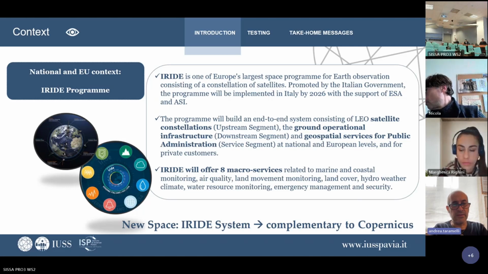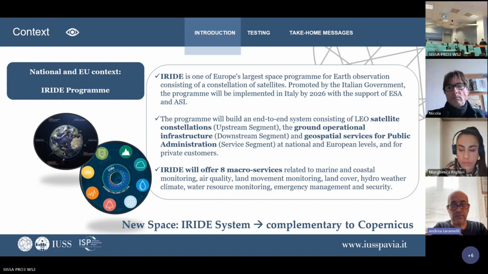Italy is funding, implementing and building a new satellite constellation, Iride, that is a multi-type satellite system. The program has the aim of building an end-to-end system consisting of a low orbit satellite constellation, which is the upstream segment, but what is most important, the ground operational infrastructure and the downstream services.